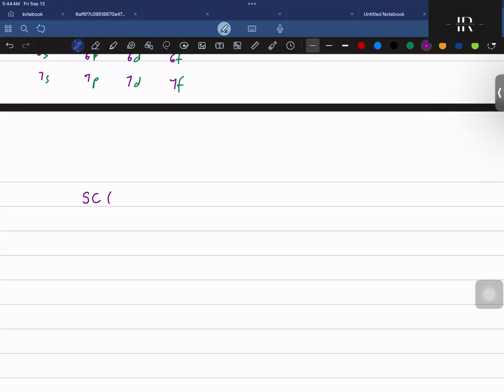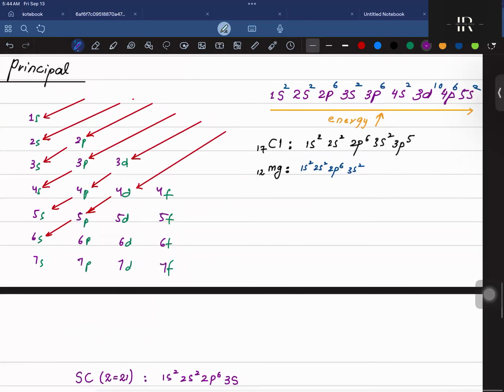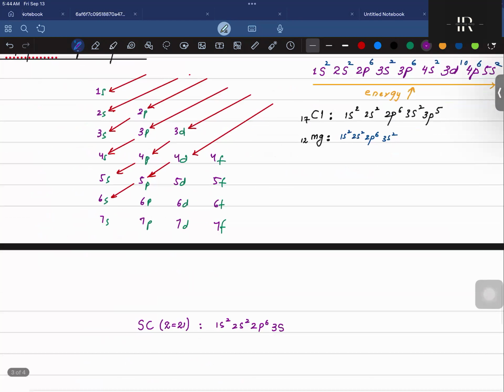Proton number is 21. 1s2, then 2s2, then 2p6, then 3s2, and then 3p6.